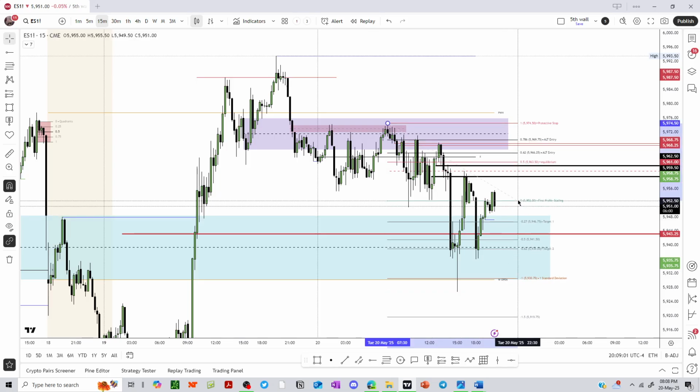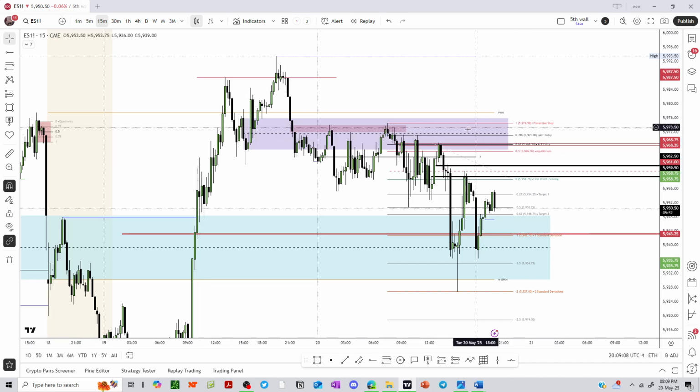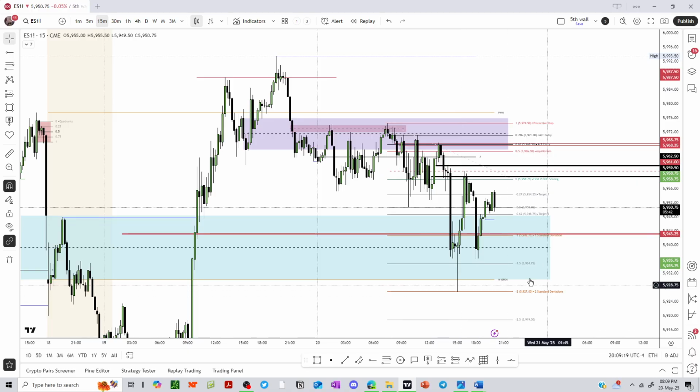In general, I don't like using the wicks like that, those long wicks. So pull that up, and we still have an optimal trade entry here, and another opportunity here at 1 o'clock, and then the drop to 2 standard deviations. And this has protected.